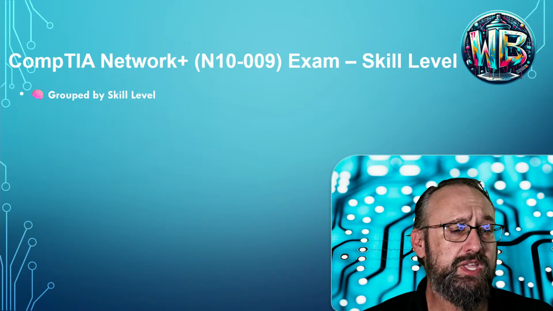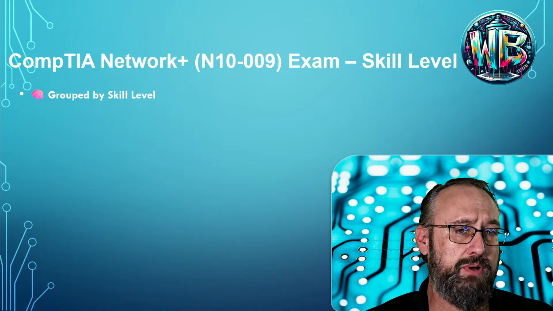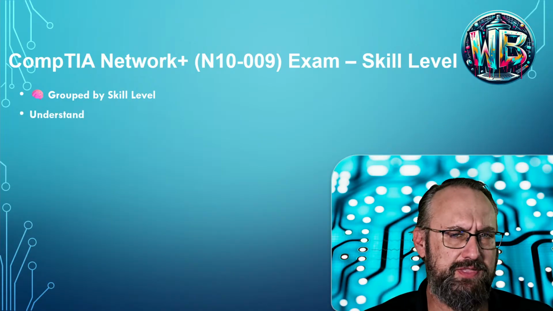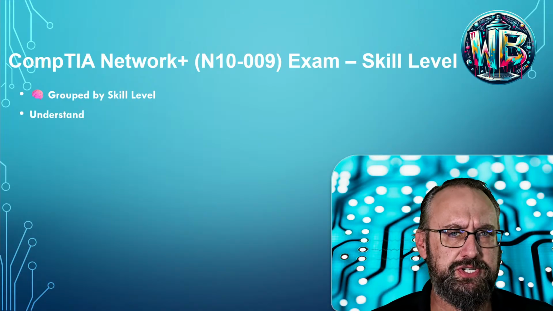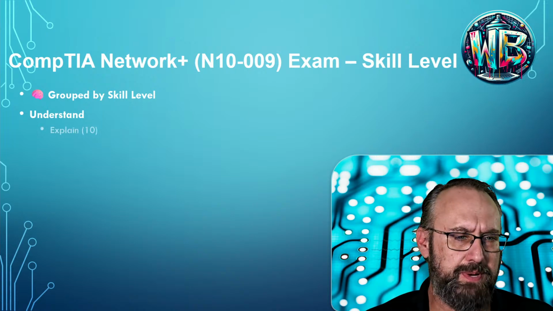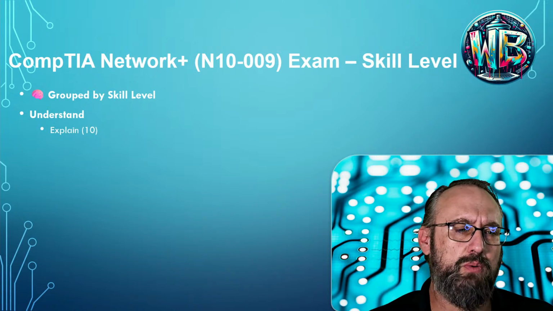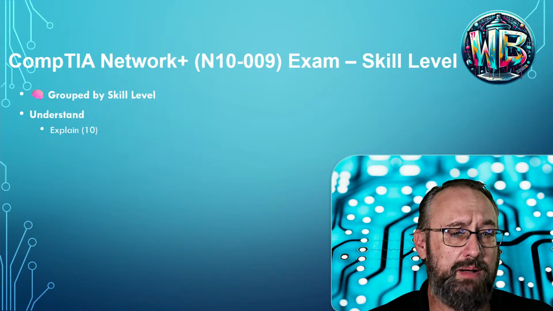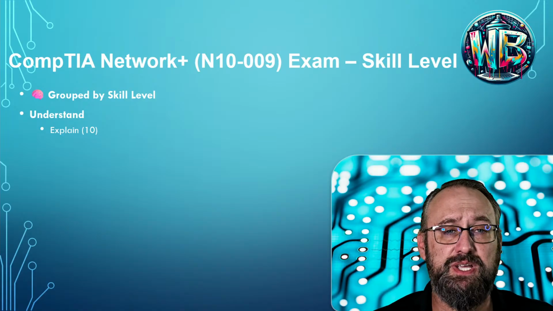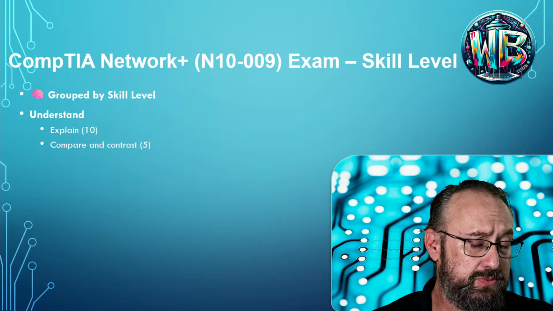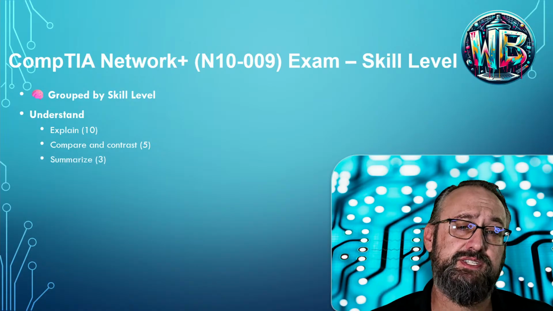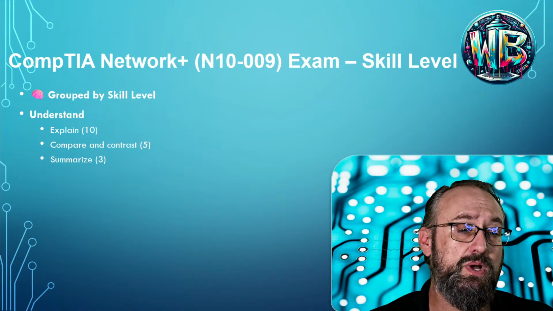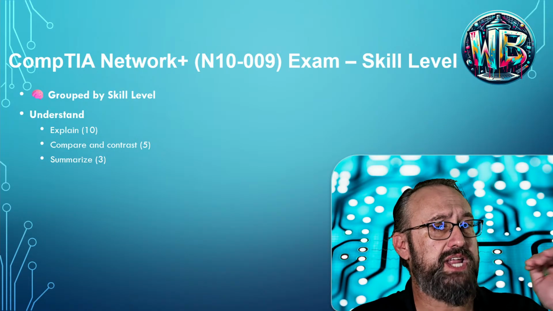So, if you're in a scenario like that where you have to understand something, right, the very first one is going to group together some of the ones where we've seen summarize and compare and contrast, right? So we have explain, and remember, explain is going to show up around 10 times. But then we've got compare and contrast, remember that's 5 times, and then summarize is 3 times. So keep in mind the understanding level, right?